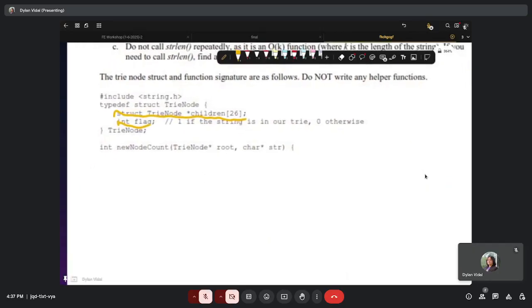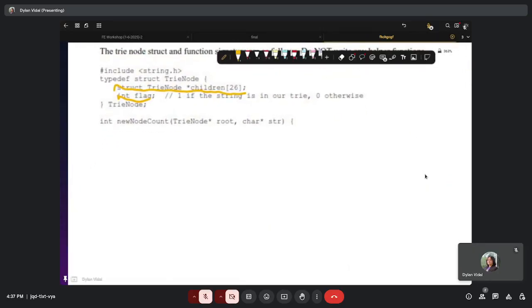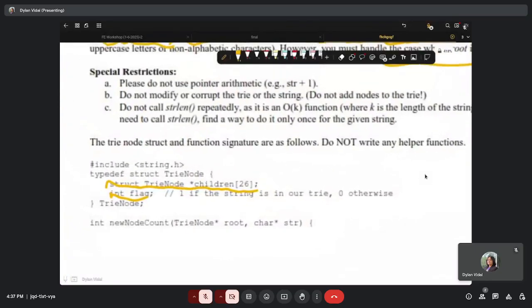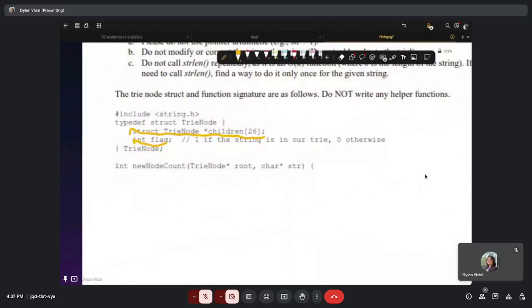So what can we start with here? We have our string, and then our root. What we could do is start by finding the length of our string, since that's going to be important. We're going to have to traverse through this. They told us to not call strlen repeatedly, so we're going to want to find the length of our string.